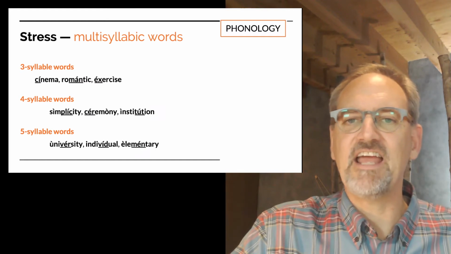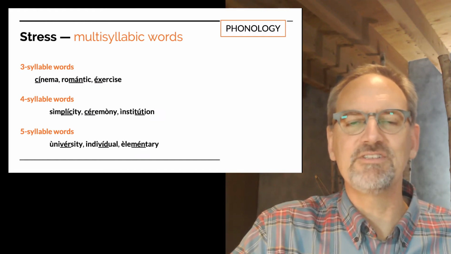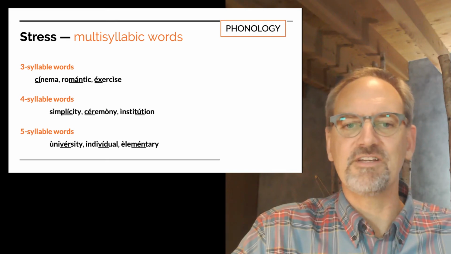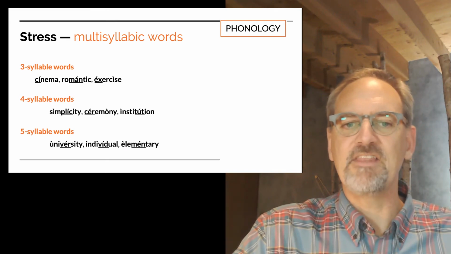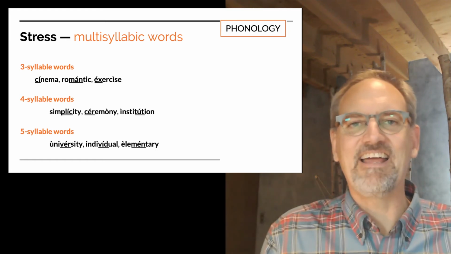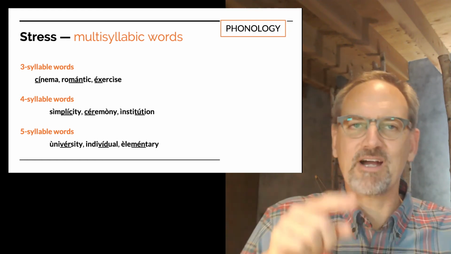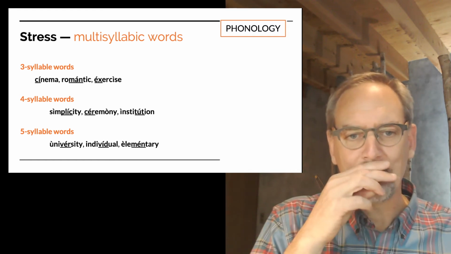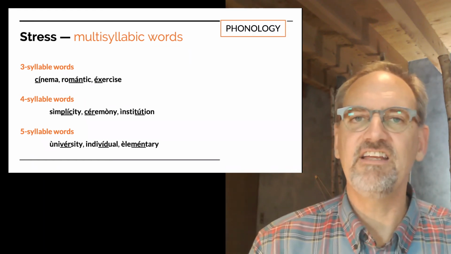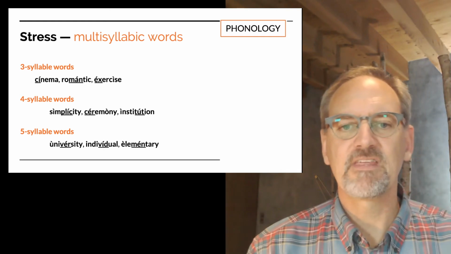In these cases, again, there are two stressed syllables in each one of them, and the underlined syllables are the primary stress, and they're marked with an accent that goes this way, and the secondary stress is marked with an accent that goes the other way. So U in university has secondary stress.